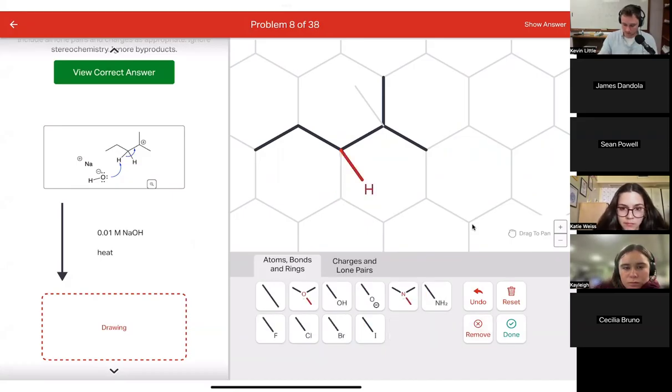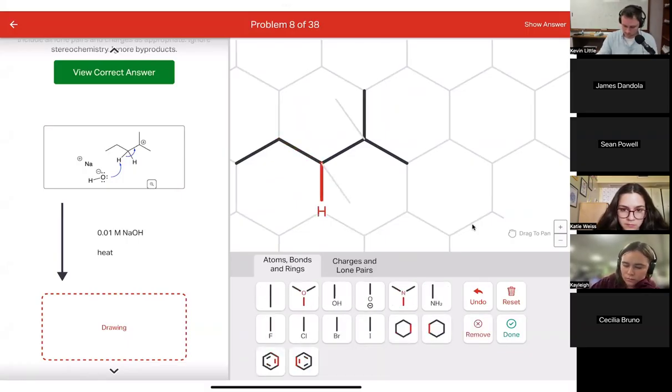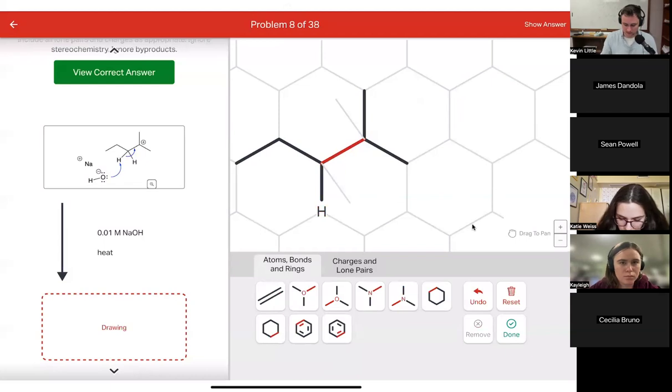I'm going to remove one of those hydrogens. The electrons from the bond get left here.